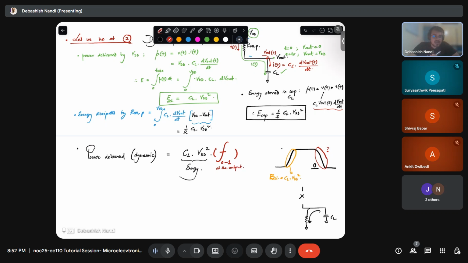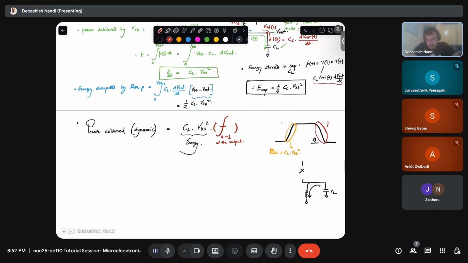Means in 1 second, how many 0 to 1 transitions are there? So this is your P delivered dynamic for combinational logics. And what about sequential logics? What is a sequential logic?